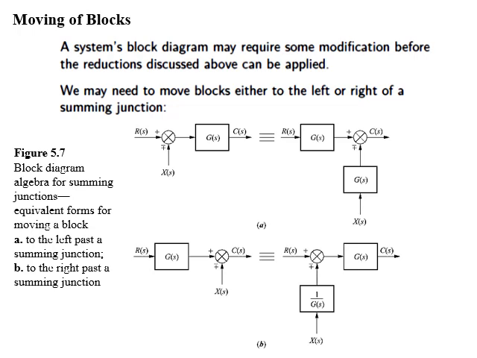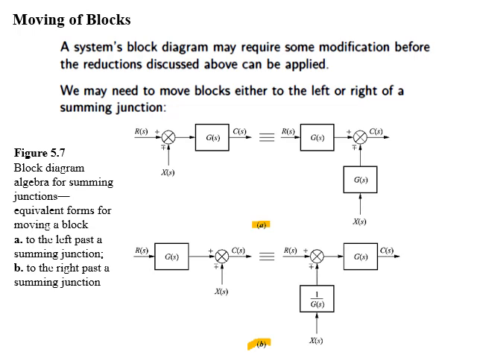So for this purpose, we use moving of blocks across a pick-off point or summing junction. Now we will study what rules are to be followed when we move a block to the left or right of a summing junction or pick-off point.